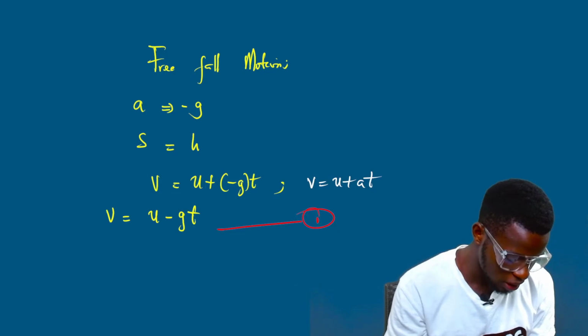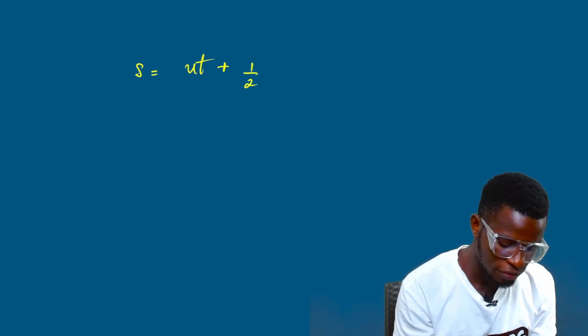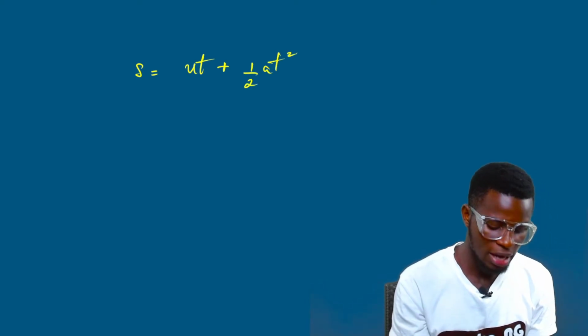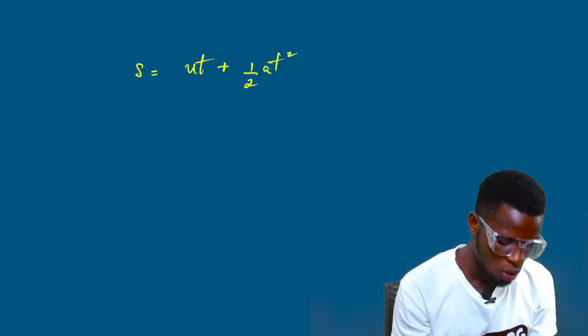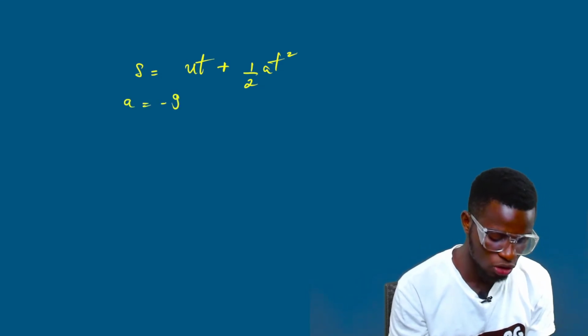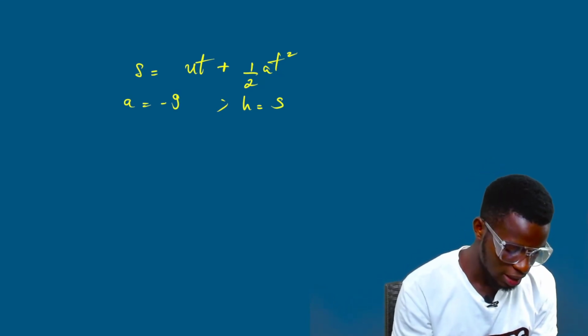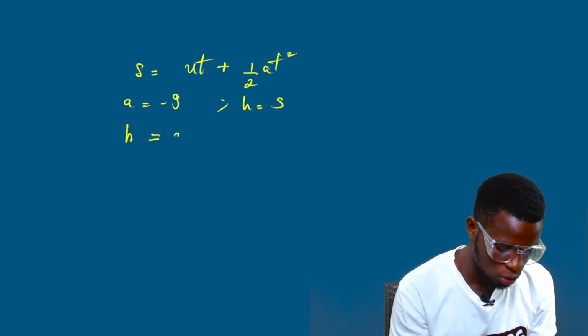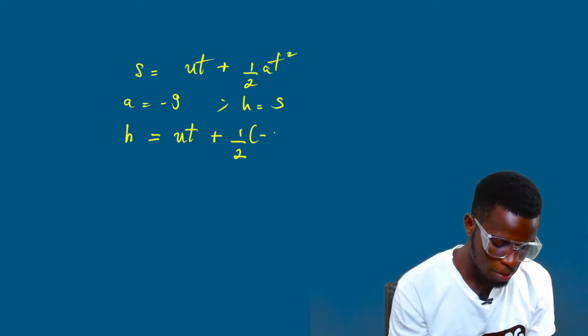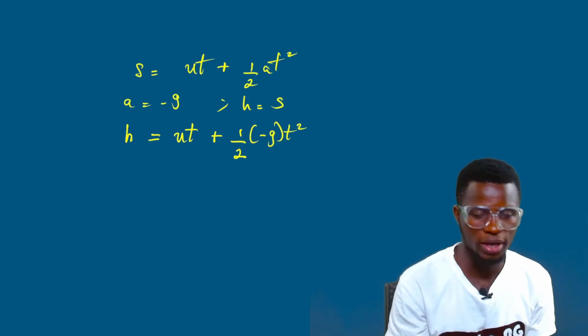The second equation is just like its counterpart under linear motion, which is s equals ut plus half at squared. Bearing in mind that a equals minus g and h equals s, we can say that h is equal to ut plus 1 over 2 times minus g t squared.